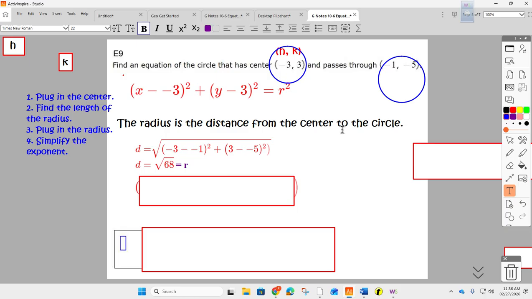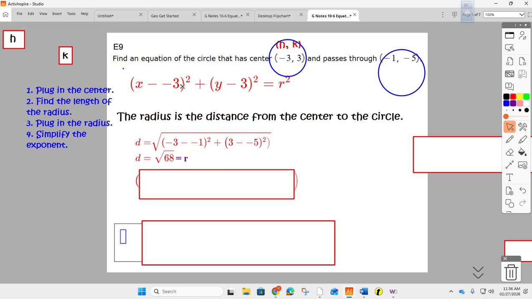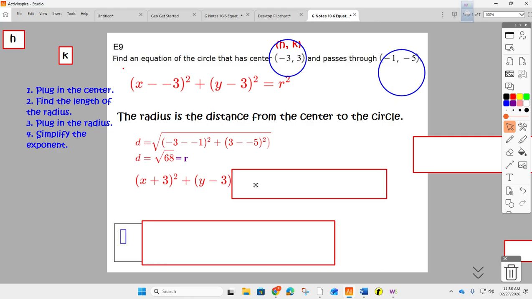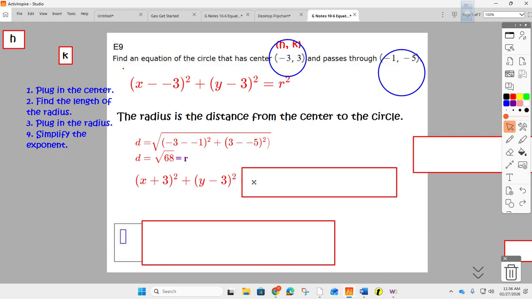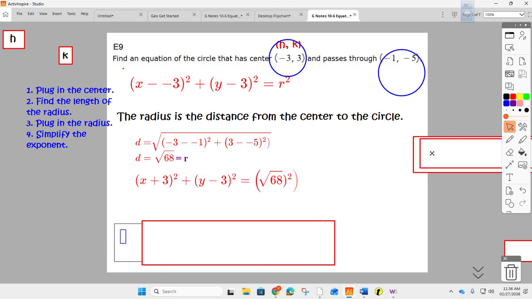So now we're going to take what we've already plugged in there, and we're going to simplify that to x plus 3 squared plus y minus 3 squared equals our radius squared. That looks pretty ugly, but what happens when you square a square root? Yeah, you get the number under the radical, right? So if we find the square root of 68 squared, it's just 68.